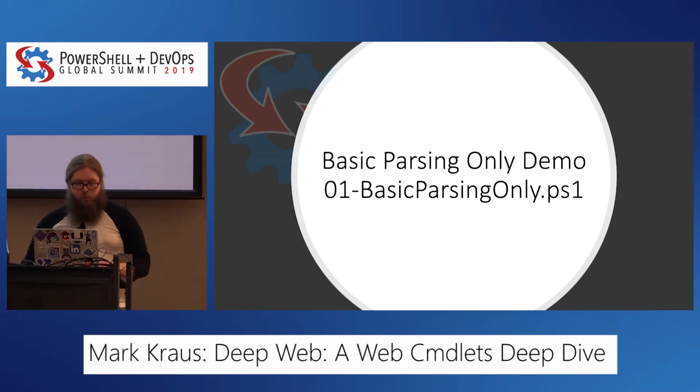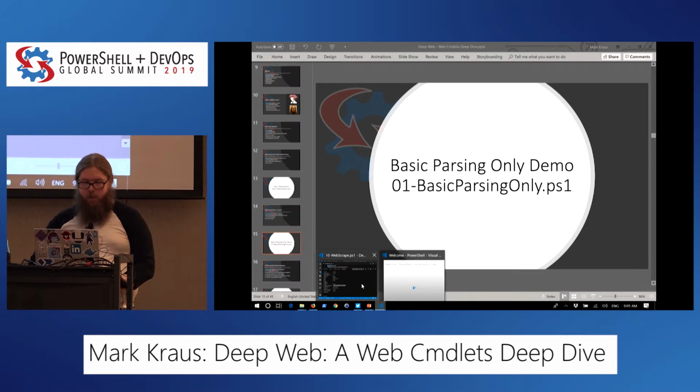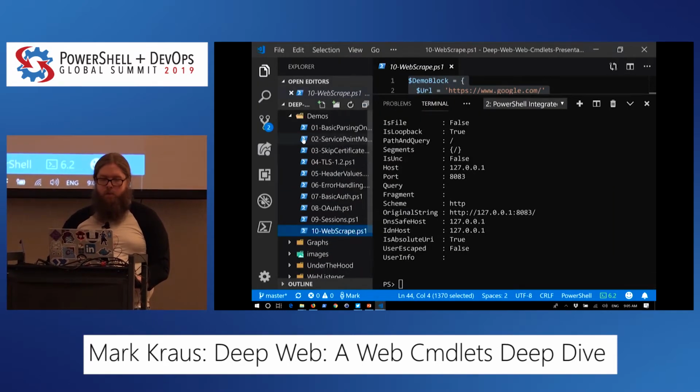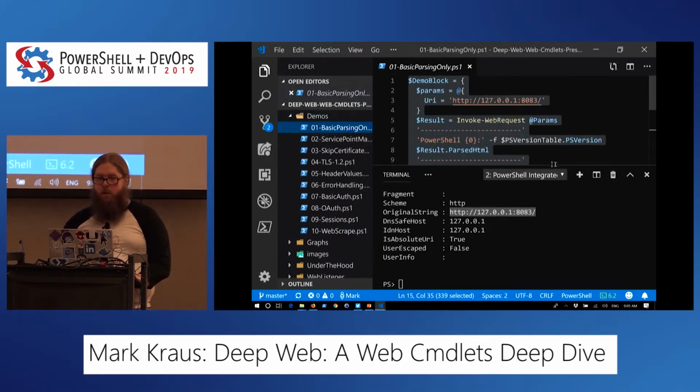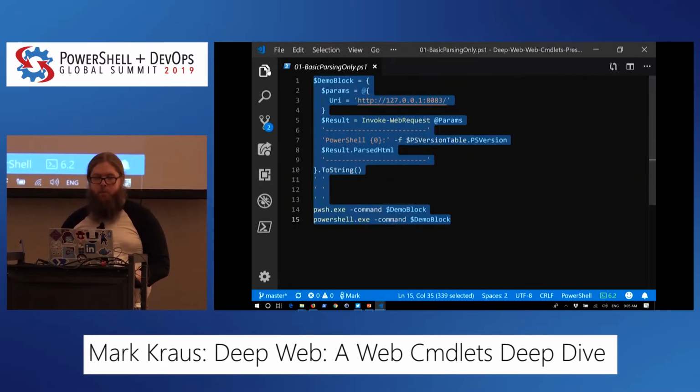So I want to show you the basic parsing, kind of show you how that's different these days. And I'll make all of these available at the end of my presentation on my GitHub. So let's go through this demo block here and explain what's going on.